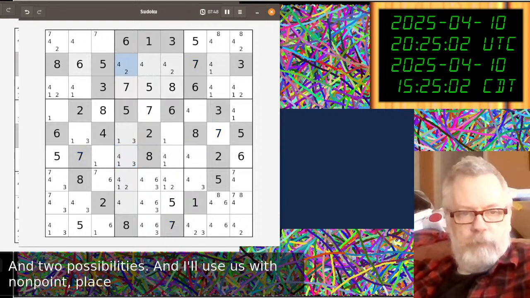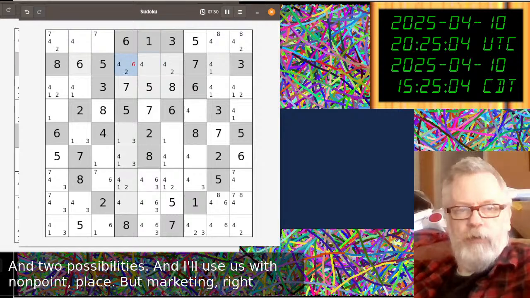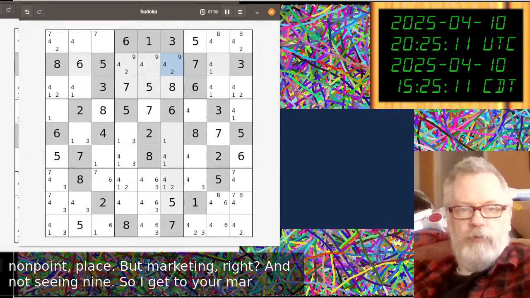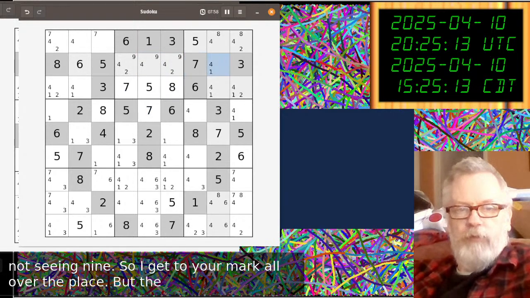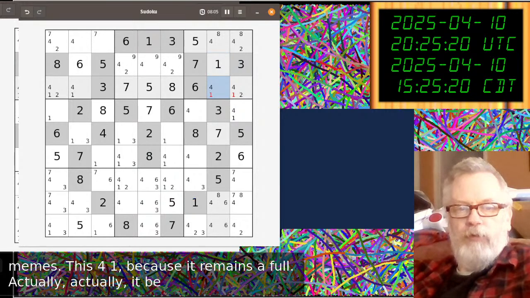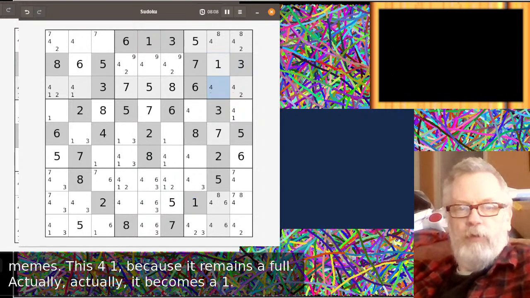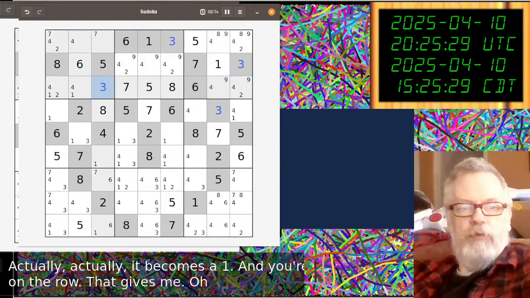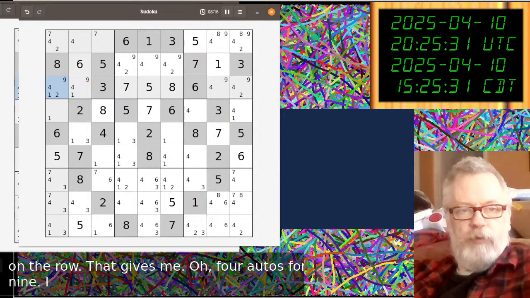And I am not seeing any 9s on the board, so I get to earmark all over the place. But the 3 in the middle top means that this 4-1 remains a 4, actually it becomes a 1, because I can't put a 1 anywhere else in the row. That gives me 4 possibilities for a 9 in the top right, 5 possibilities for a 9 in the top left.